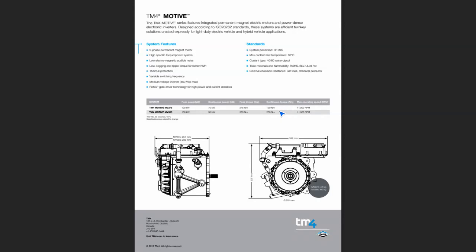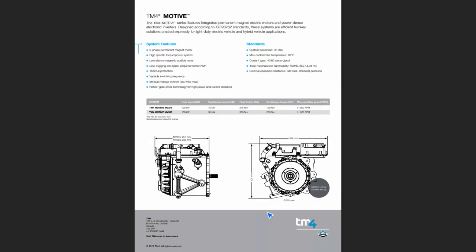Don't forget, continuous power and peak power are different things. For example, if you want to select a motor for your electric vehicle or another application, for example an elevator, acceleration and deceleration time is just a very short time. Don't forget it.